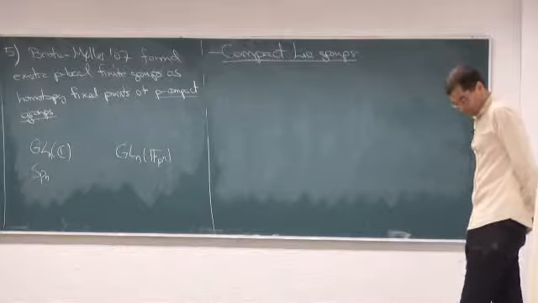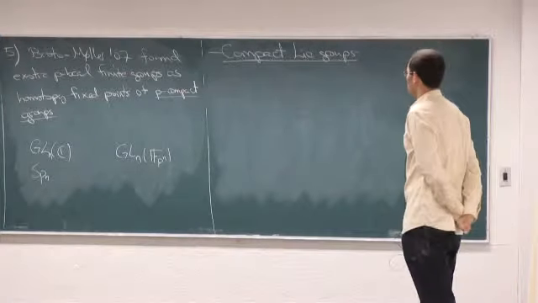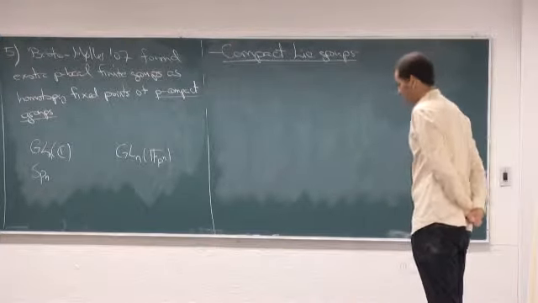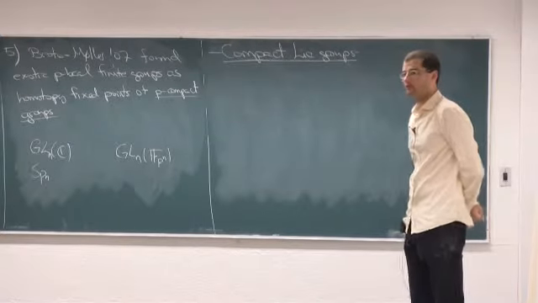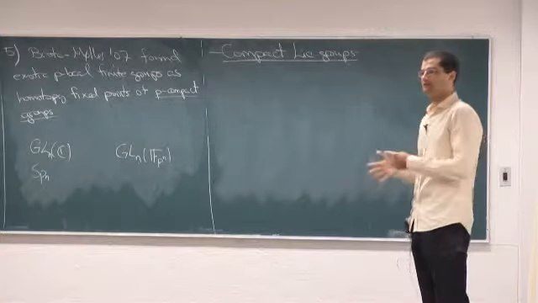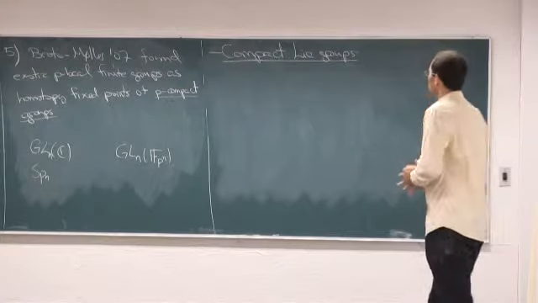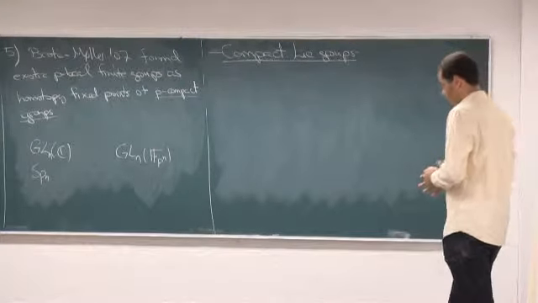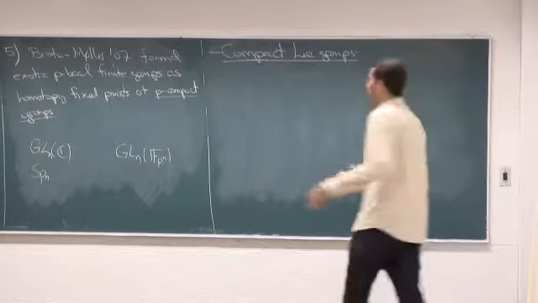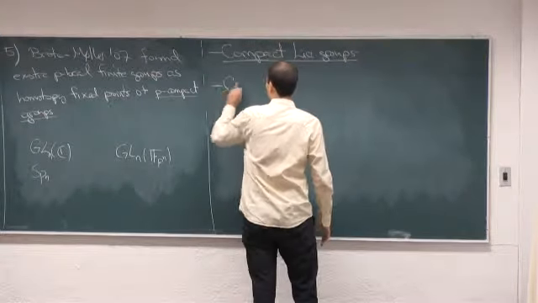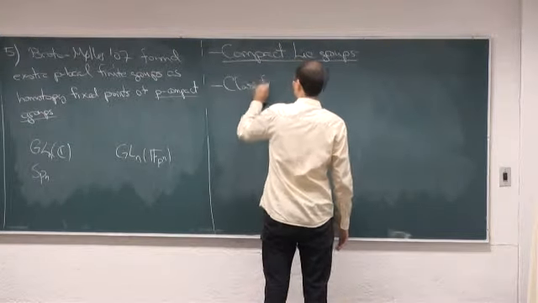Okay, so my motivation for studying compact Lie groups and for studying the p-local homotopy theory of compact Lie groups is actually quite different from the one for finite groups. So actually the motivation comes from the classification of compact Lie groups. We all know the classification.